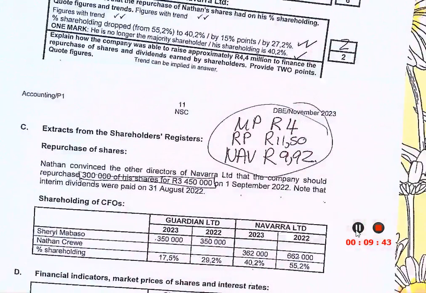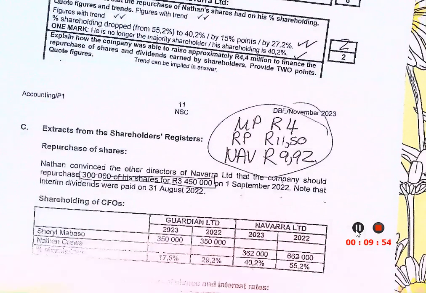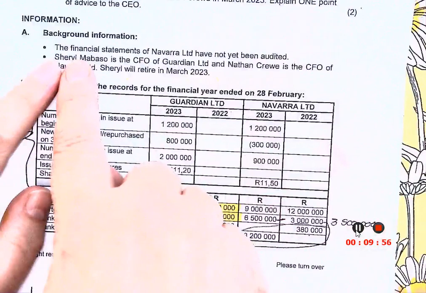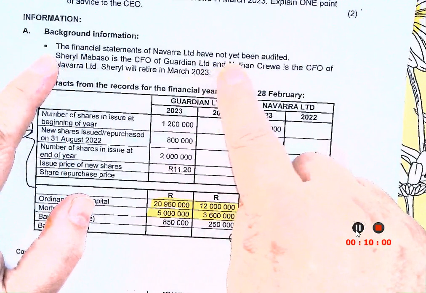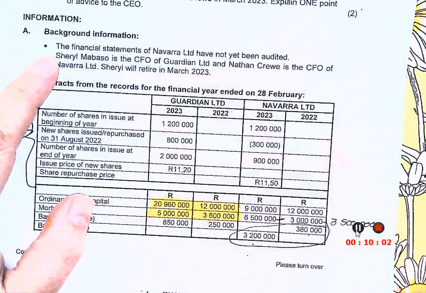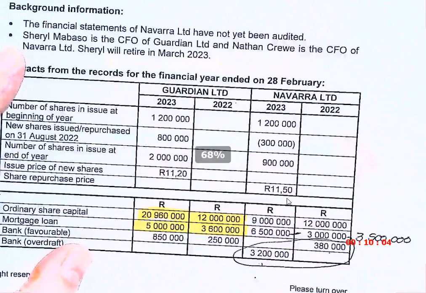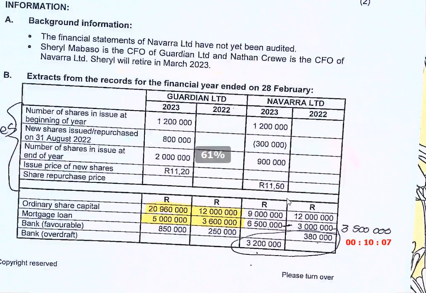Let's quickly look. On the outside, how is the company doing? No one is willing to invest in it. Look at this. The financial statements of Navaria have not been audited. So, they are violating the company law. What is worse than a bad audit report?